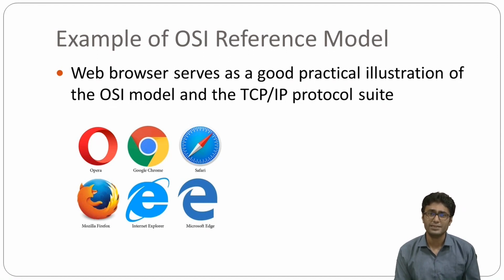We also have PHP, hypertext preprocessor. Then we have GIF, graphics interchange format. And also we have JPEG, Joint Photographic Experts Group. So any encryption or compression mechanisms used on a website are also considered a presentation layer function.